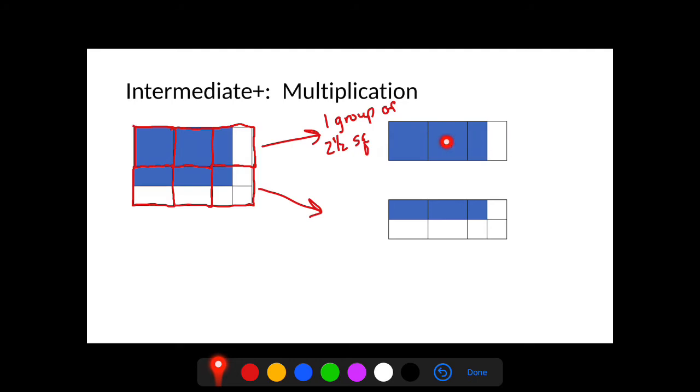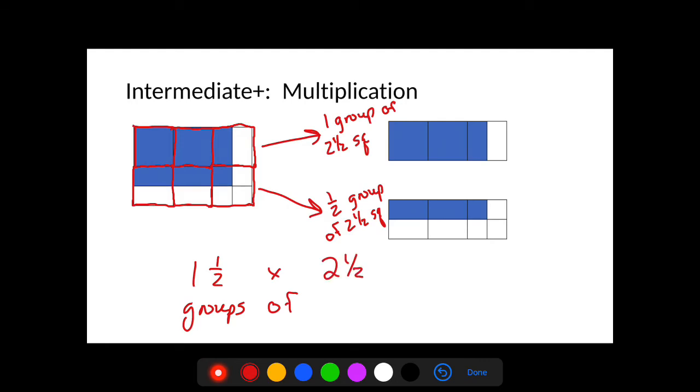The second group, I've just cut this first group in half. So my total is 1.5 groups of 2.5 square units. And I can multiply those together to get the answer. I could have also gone back to my basics and just counted.